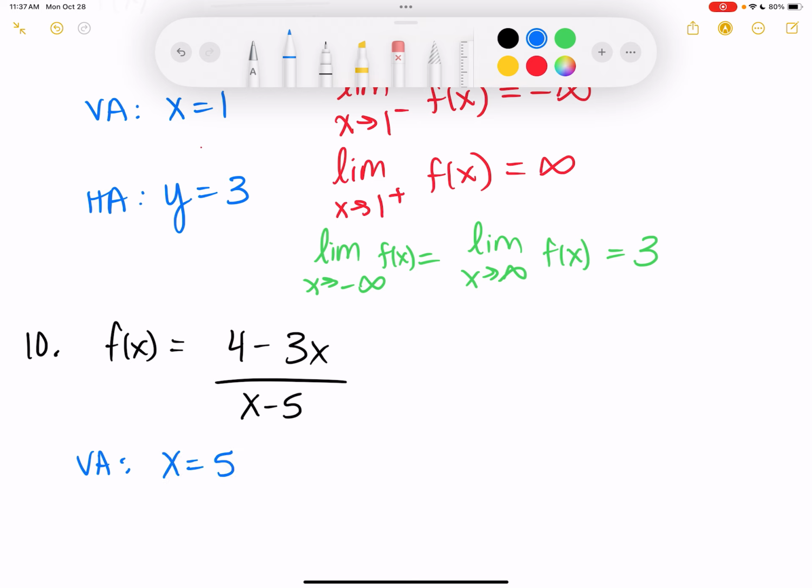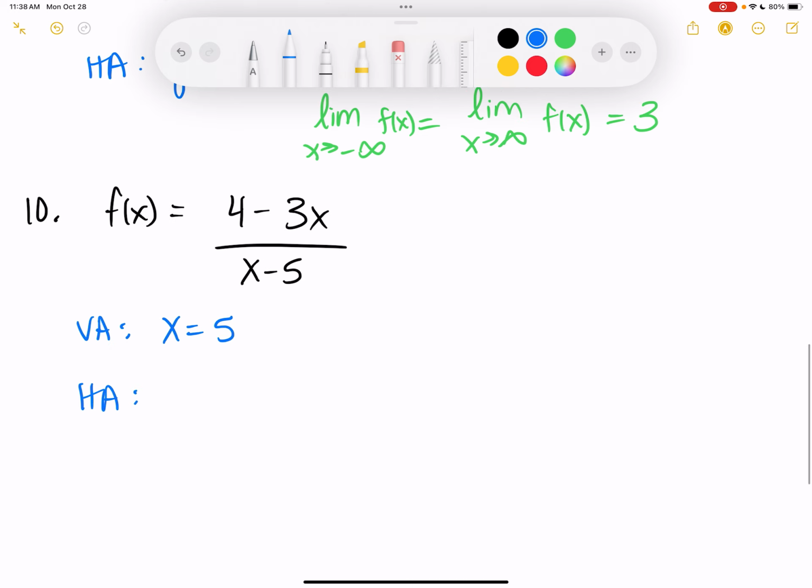What about horizontal? 3 or negative 3? Y equals negative 3. They have the stuff written out of order, so you've got to make sure you pay attention to that, which obviously you did, but just make sure you watch that stuff.